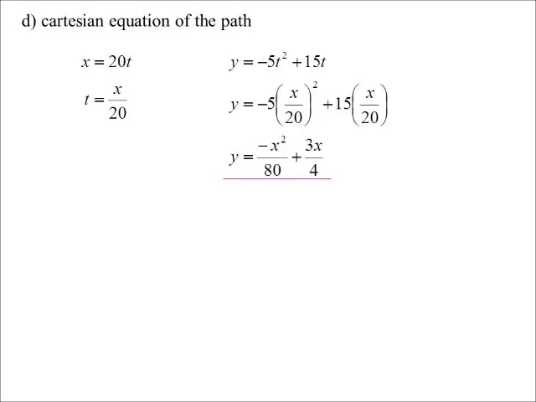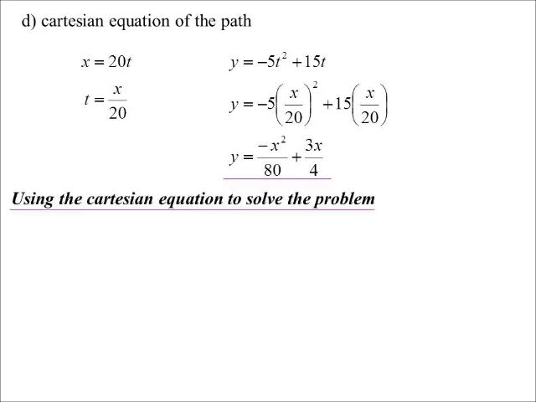What is the Cartesian equation then? Let's actually work it out. So we get our parametrics. So t is x on 20, make t the subject in the x. Substitute it into the y, and there's my quadratic equation of the path. So all right, now that I've got the quadratic, let's actually use that to solve those same questions.